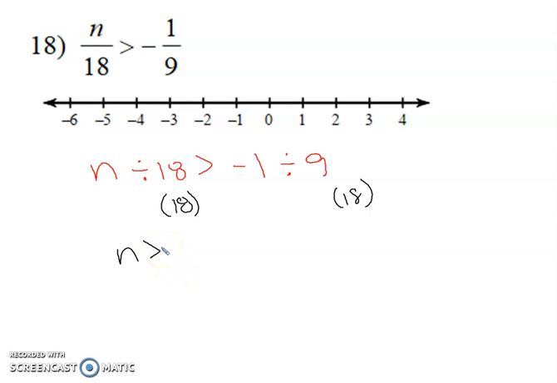Should not get a decimal. Should be negative 2. No decimal. So is this in an order I can graph it? Yeah, we've got that down pat, right? Open circle, you go right. That's right.